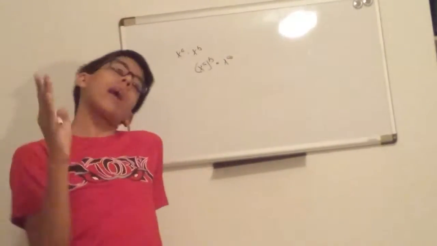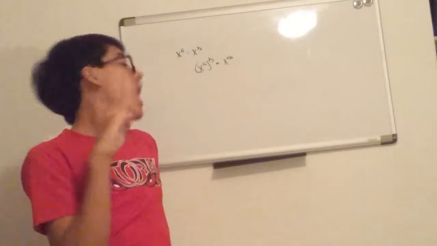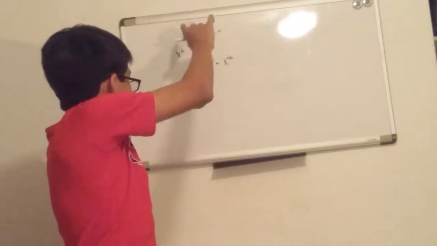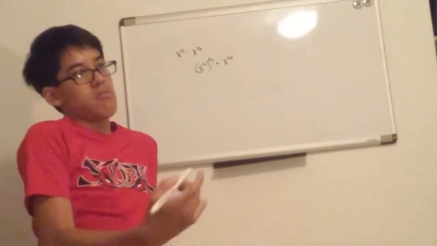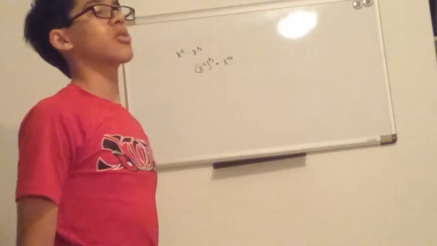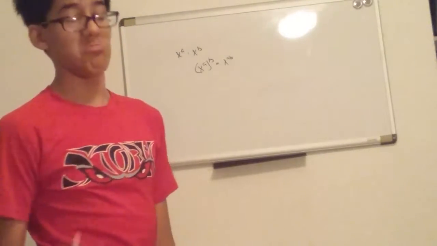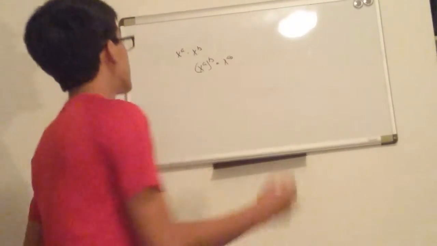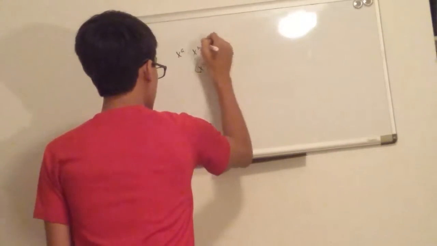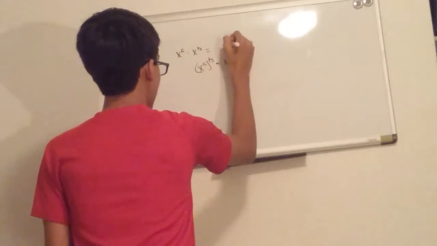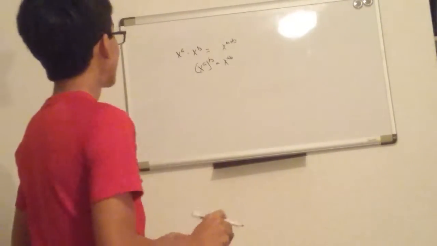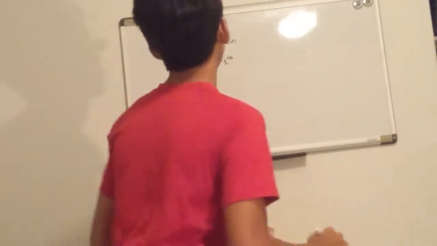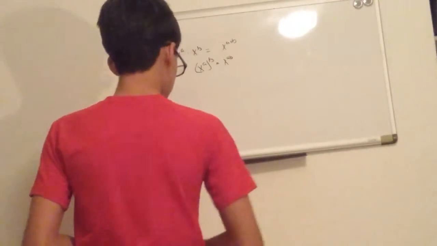You will get it wrong every single time, unless it's a 2 plus a 0, in which case you would be right. But chances are, teachers are going to be hard on you. I know it's tough. So this would equal x to the a plus b. If they're not in parentheses, you must add them.